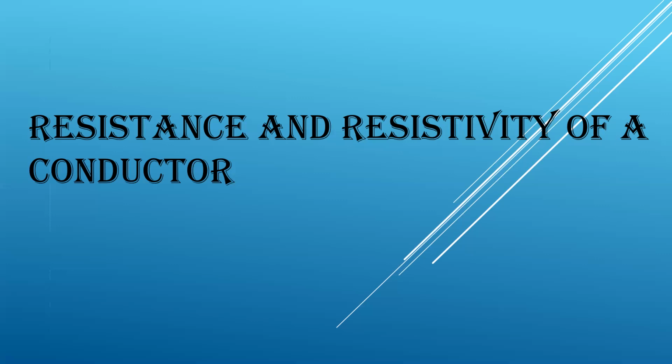Mathematically, resistance is directly proportional to length, so R is proportional to L, and R is inversely proportional to the cross-sectional area, 1 upon A. And then you will get R proportional to L upon A. Therefore, R is equal to rho L upon A. There is a sign rho, which is read as rho, and it is called the constant of proportionality.